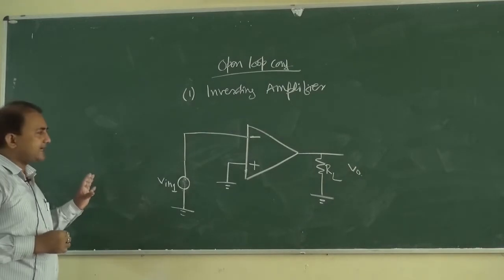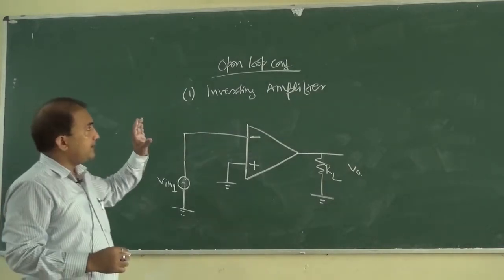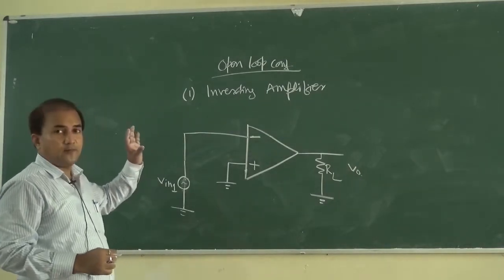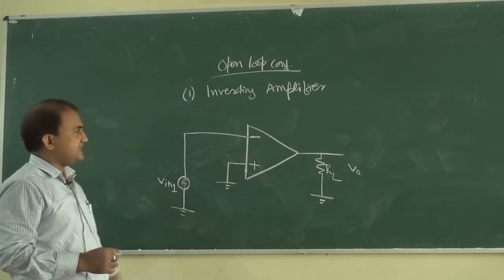So this is the circuit diagram of the inverting amplifier in open loop mode or open loop configuration.